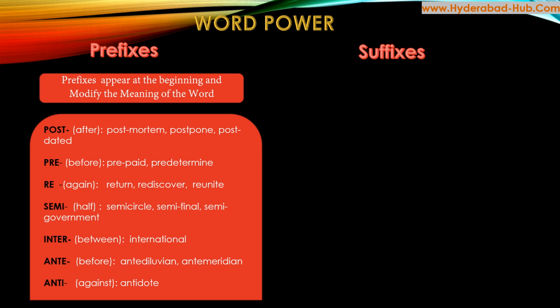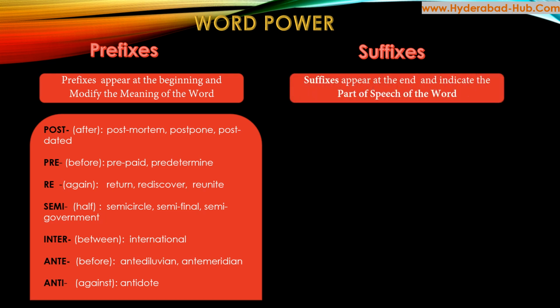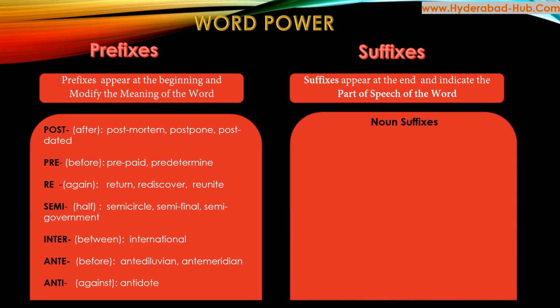Suffixes. Suffixes appear at the end of the word and indicate the part of speech of the word. Noun suffixes. Words ending with these suffixes are nouns. Acy. Meaning state or quality. Example: democracy. Al.